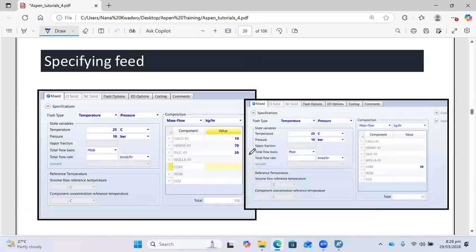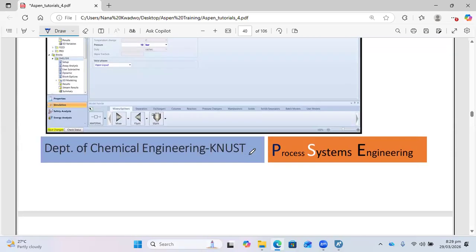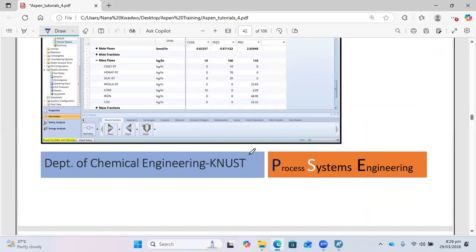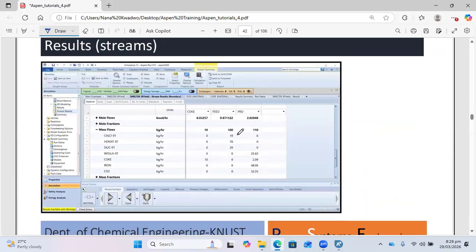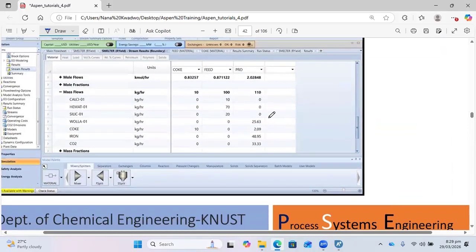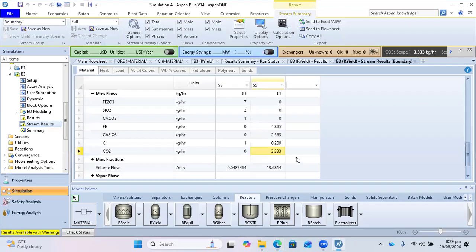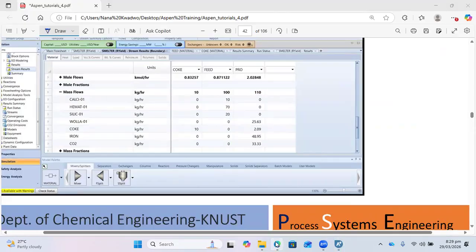Okay, are there any questions at this point? I think the values are quite similar. For this one, the basis was 110. We used 10 and 1. So 25.63 will correspond to 2.563 for the wollastonite.